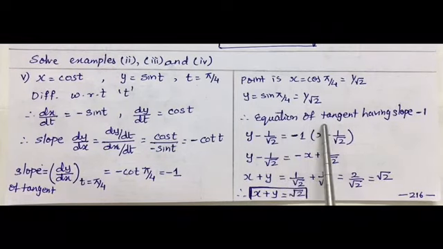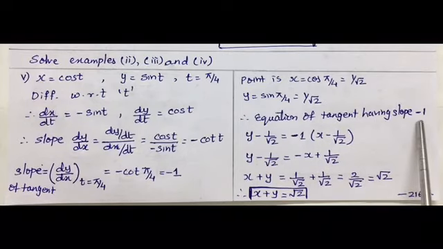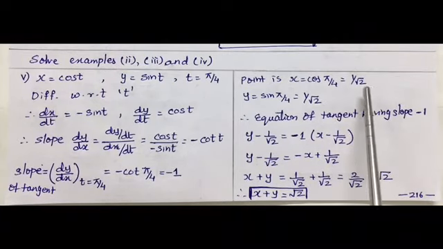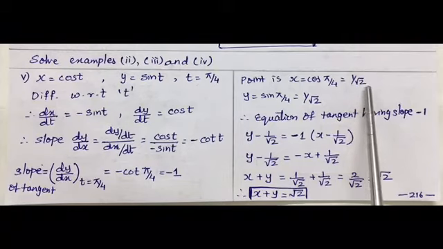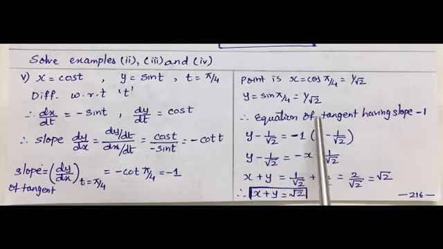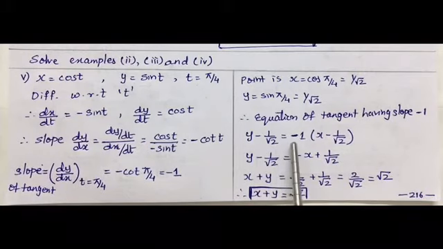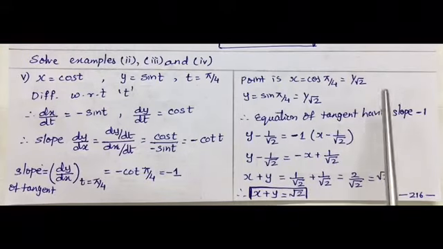Now the equation of the tangent having slope as minus 1 and passing through the point 1 upon root 2, 1 upon root 2, we get y minus y0 is equal to slope times x minus x0.